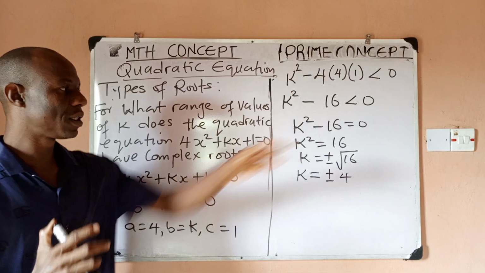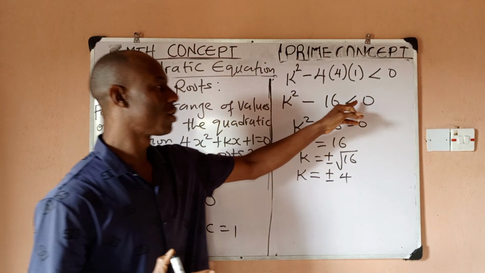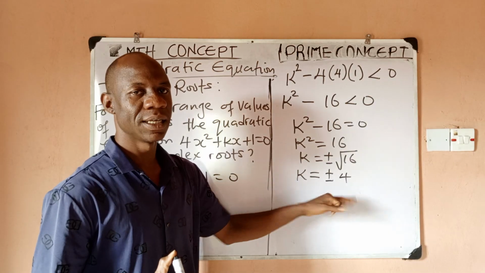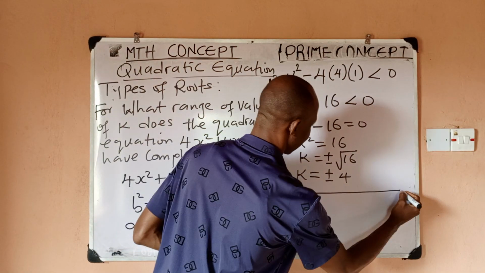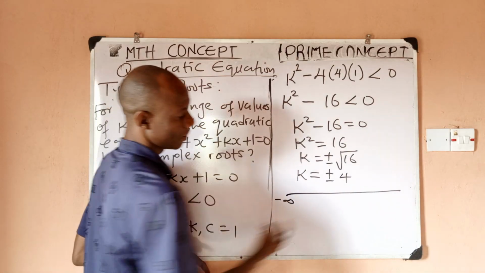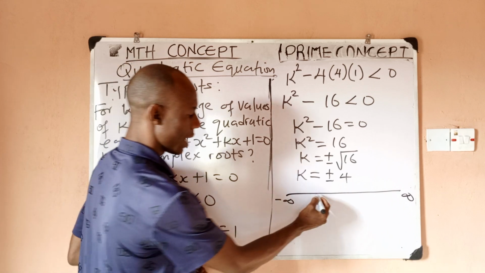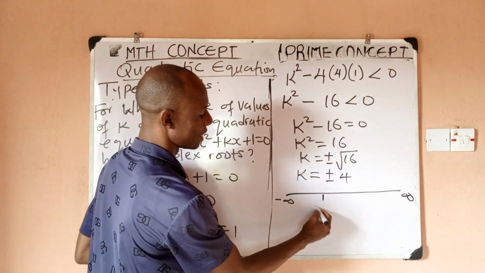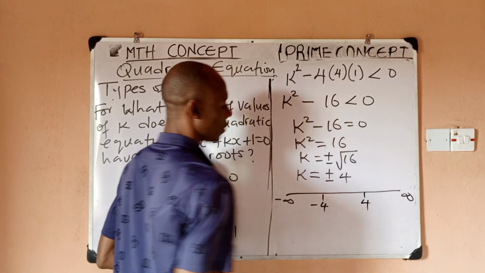So we have the values of k, but this is not what we are looking for. Remember, I'm solving an inequality. And I say the first step is ignore the inequality, solve for k. Second step, you produce this on a number line. So this is negative infinity on your number line, and this is infinity, is a usual thing. So I have two values of k. One is -4, which is the smallest, and the other one is 4.